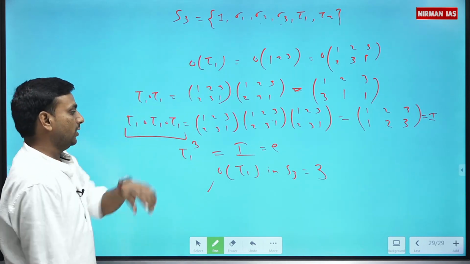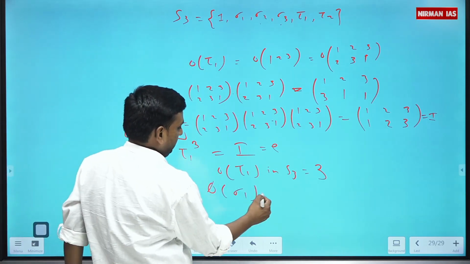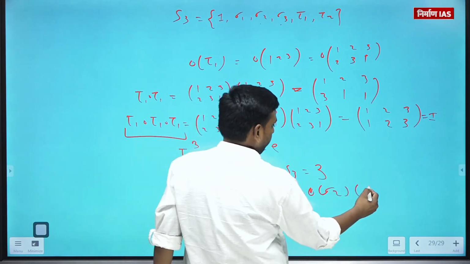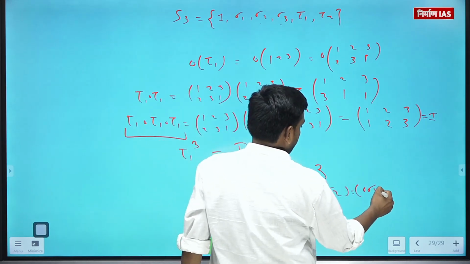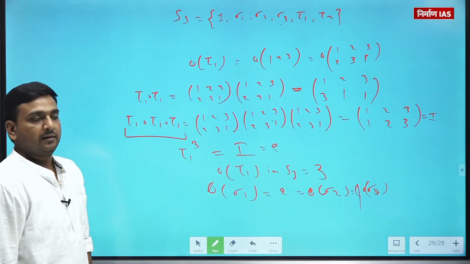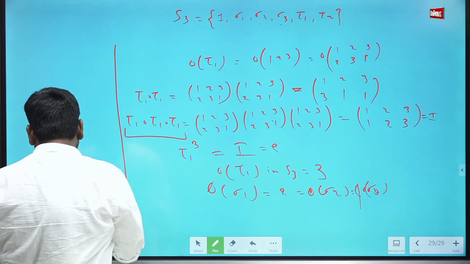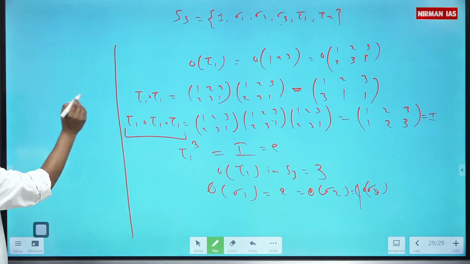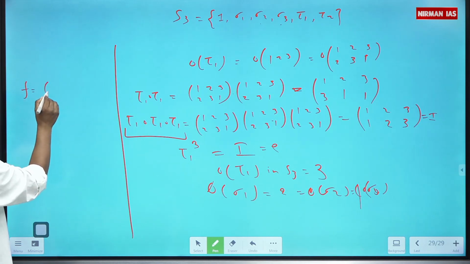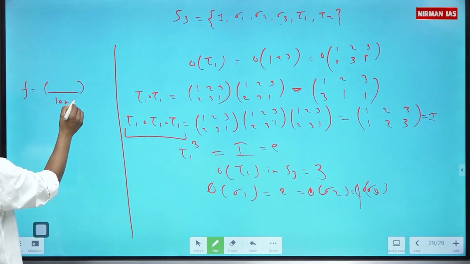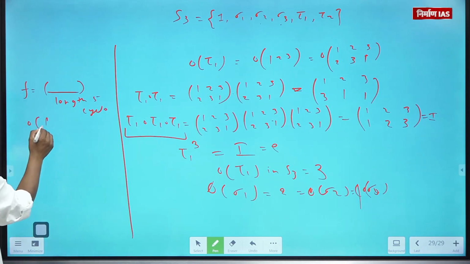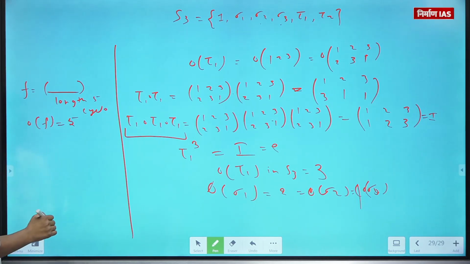Similarly, you can go for the order of sigma 1. These all will be of order 2. You just cross check. Moreover, for Sn, if f is a permutation that is a cycle of length 5, then the order of f will be 5.